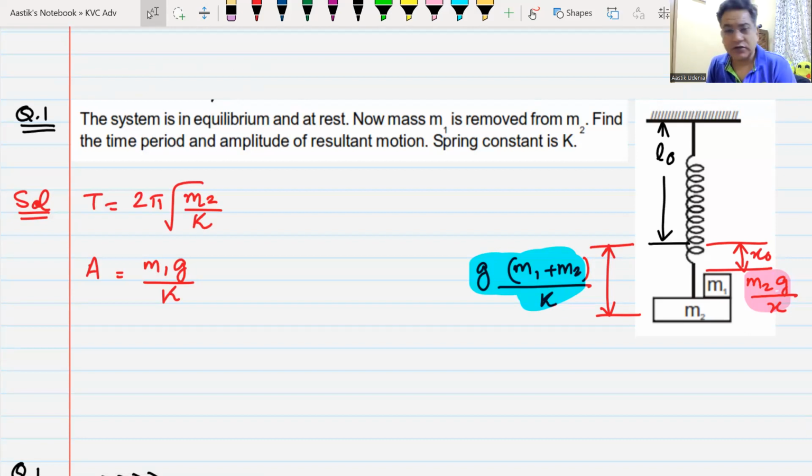Once you know the amplitude, you can easily calculate everything that can be asked in SHM, and we had seen how to calculate the amplitude in various cases.